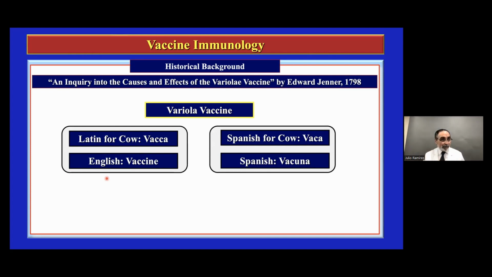Then we started with probably one of the most successful vaccines of the time. At that time, any form of disease was thought to be because of some problem with the stars, or because you did something wrong and God said you have to pay. This was the idea. Remember that it was not germ theory at this time.